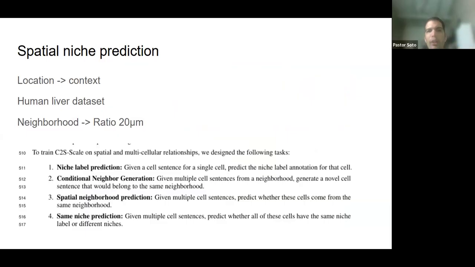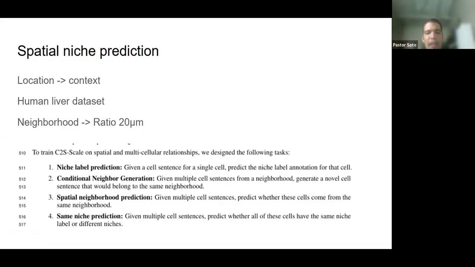And as we mentioned earlier, this context is not only the cell sentence, but also papers, research, and gene interactions that they have. For that, they use a human liver dataset, and they cap the radius of a neighbor to be 20 microns from the cell. So this is what they try to do.